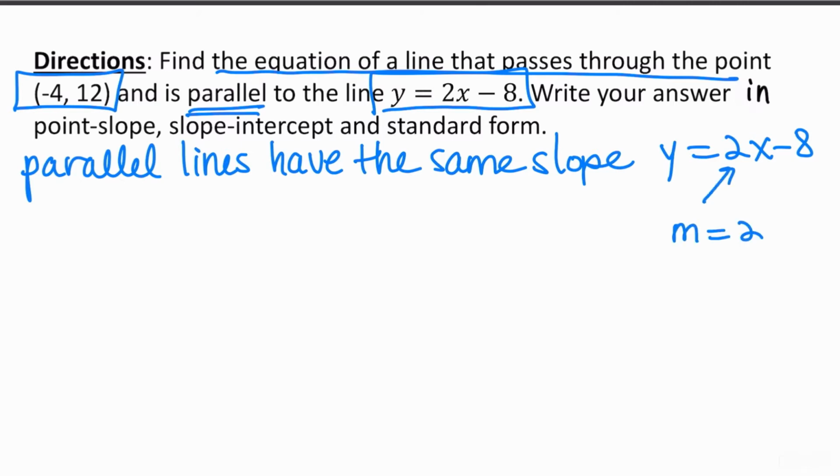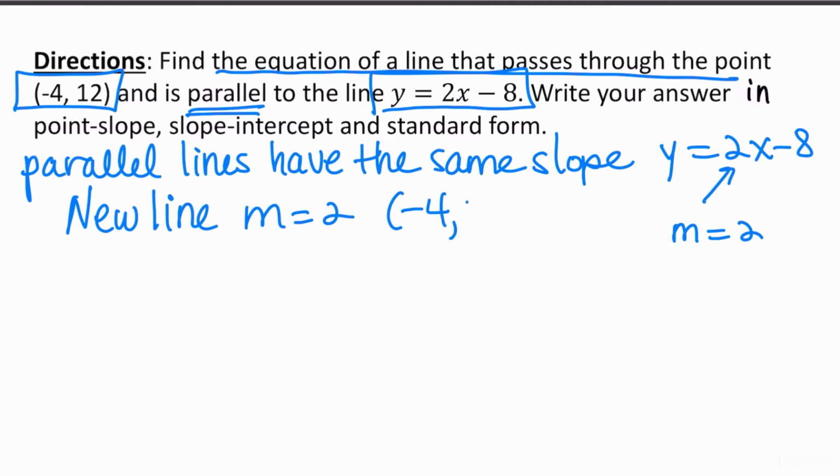My new line is going to be parallel to this line. Therefore, my new line is also going to have a slope of +2. But it's going to pass through the point (-4, 12). So that's the important part. That's the only thing that I need from this equation y equals 2x minus 8.